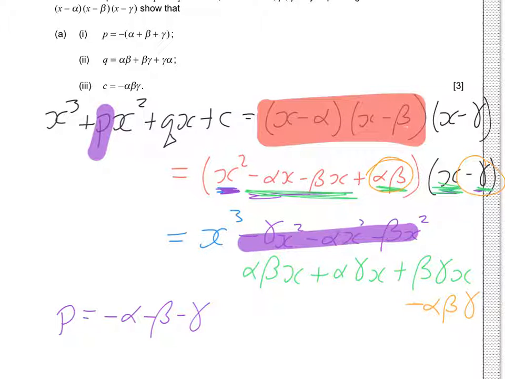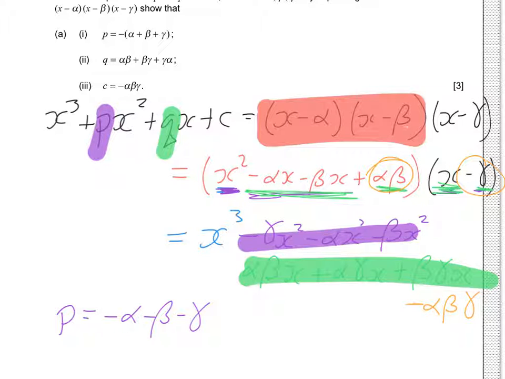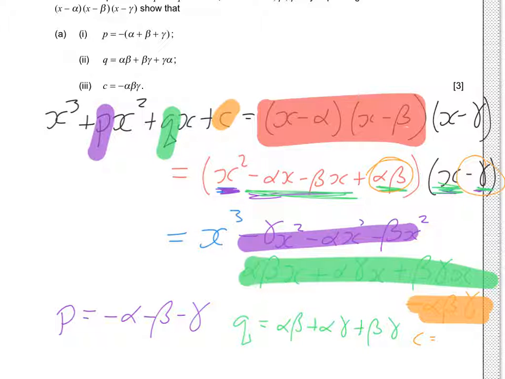If you look at the green ones, they must be equal to q. So that gives me q is equal to alpha beta plus alpha gamma plus beta gamma as required, and the orange ones must be equal to c. So that gives me c is equal to minus alpha beta gamma. Done.